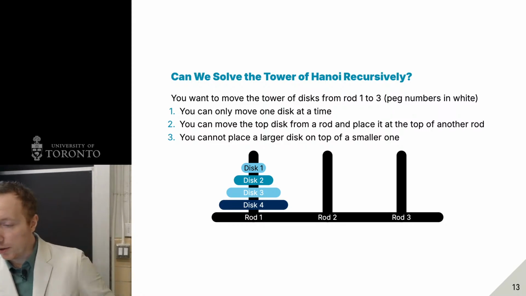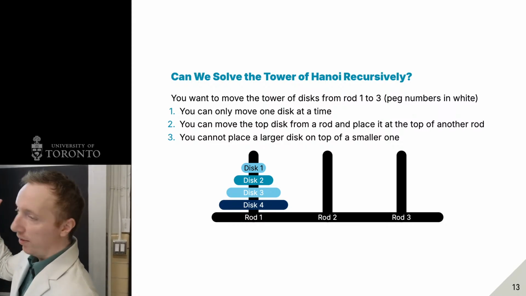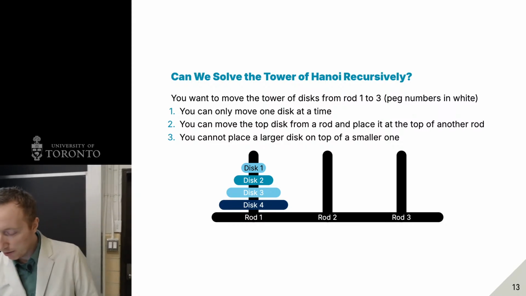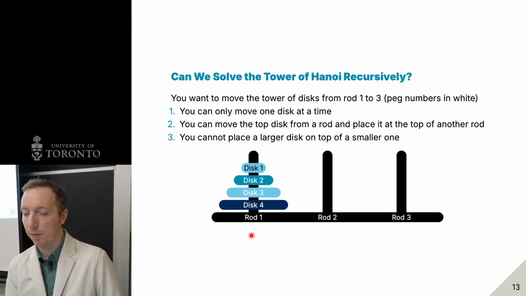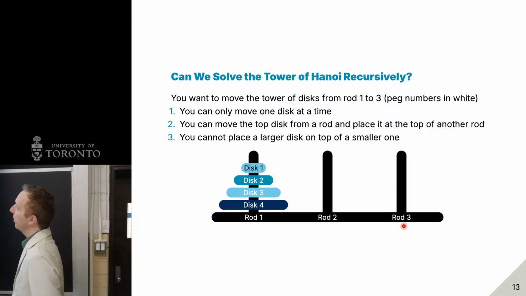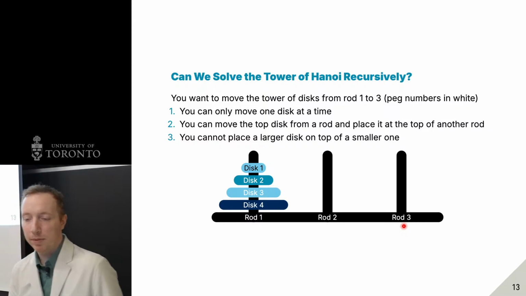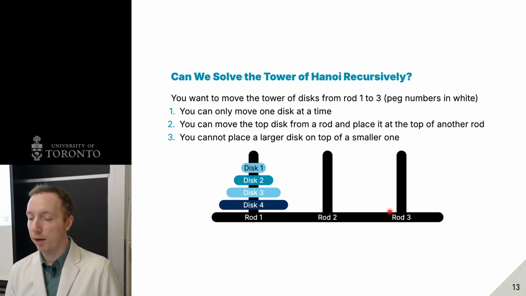So how it works is there's a tower of disks of different sizes, and there are 3 rods. We'll call them creatively rod 1, rod 2, and rod 3. So the goal of this game, if you want to call it a game, is to move all 4 disks from rod 1 to rod 3.